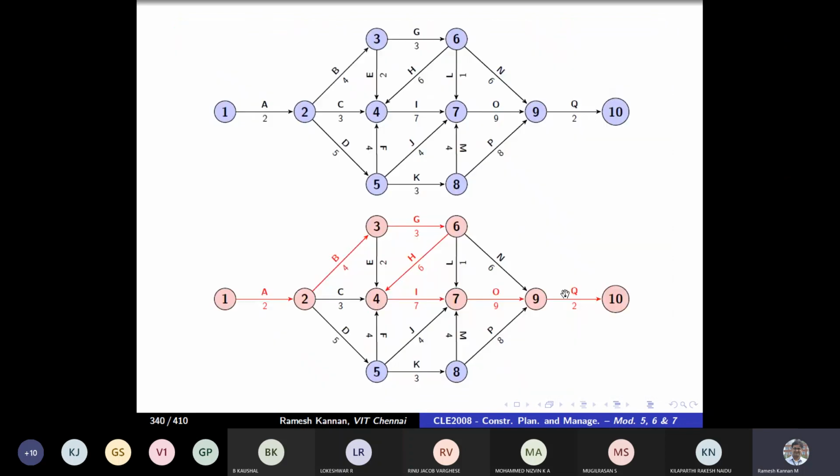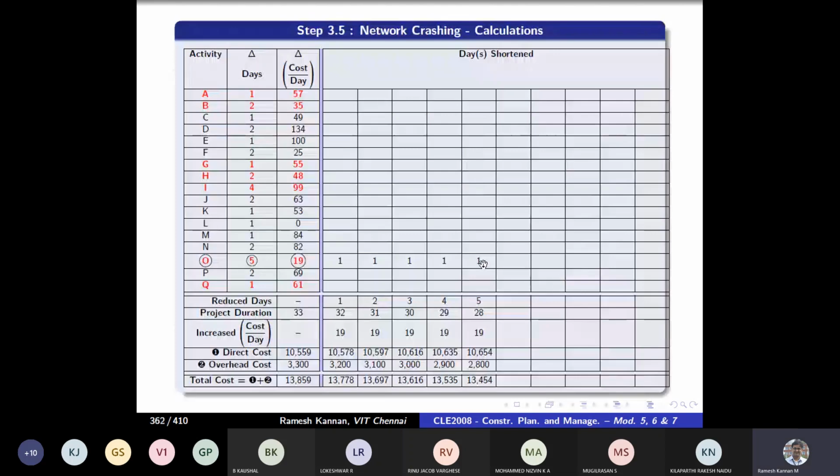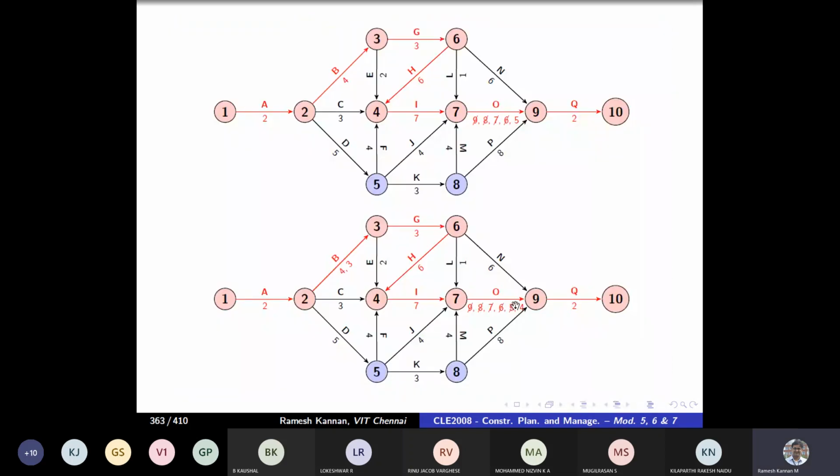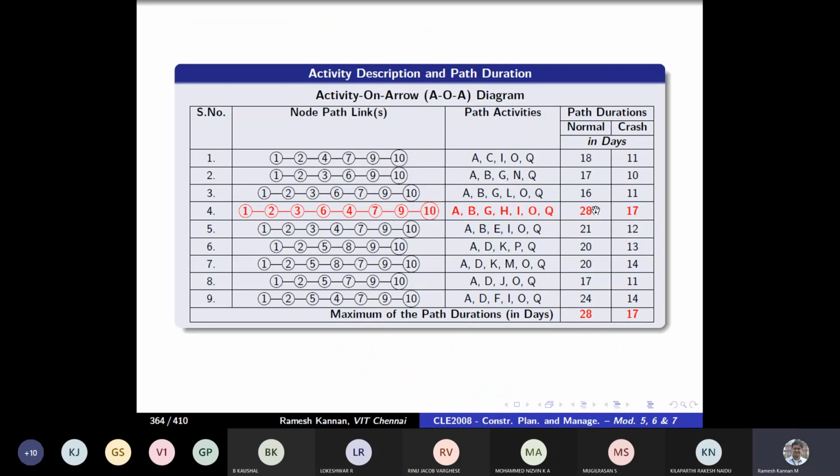The difference is 5. So we have reduced all those differences and exhausted them, and this will become 4, the maximum crash duration. So we cannot crash further. And this is still the critical path, and there is no change.